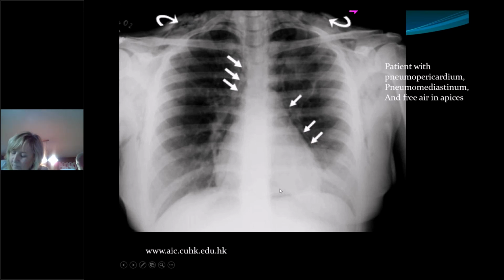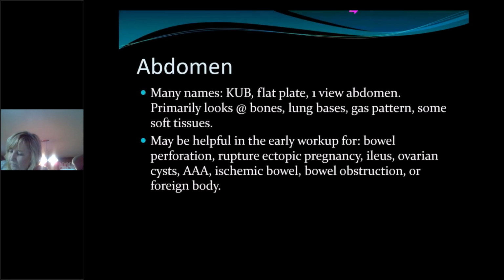So the big take-home here is if you find free air on palpation, it's a bad day. And they're not always going to come in severely dyspneic and tell you, hey, I've got a pneumopericardium or free air. They're just going to tell you they don't feel good or they're having a hard time breathing. So again, here's a good example of touching the patient, examining the patient completely, not just trusting the tests.